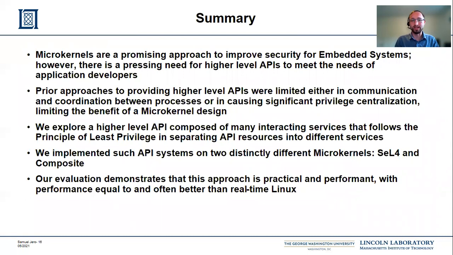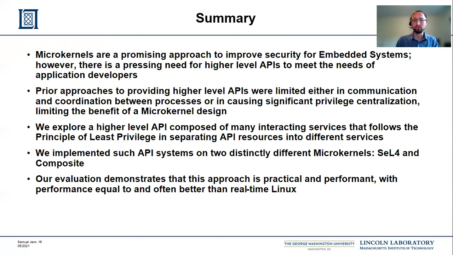Okay, so in summary, microkernels are a promising approach to improve security for embedded systems. However, there's a pressing need for higher-level APIs to meet the needs of application developers. Prior approaches to providing these APIs were limited either in the communication and coordination between processes they could provide, or in causing significant privilege centralization, really defeating the benefit of a microkernel-based design.